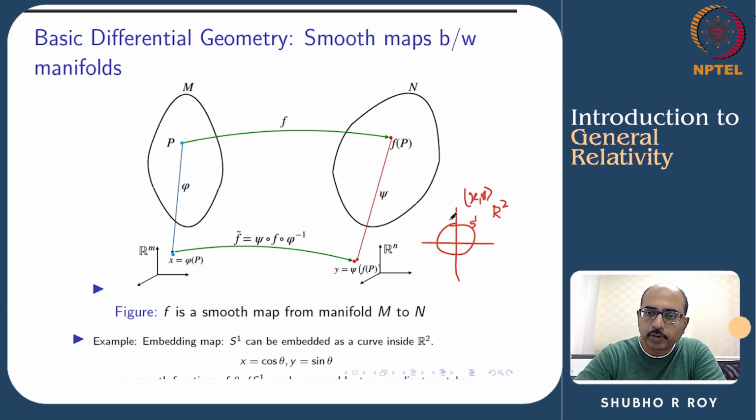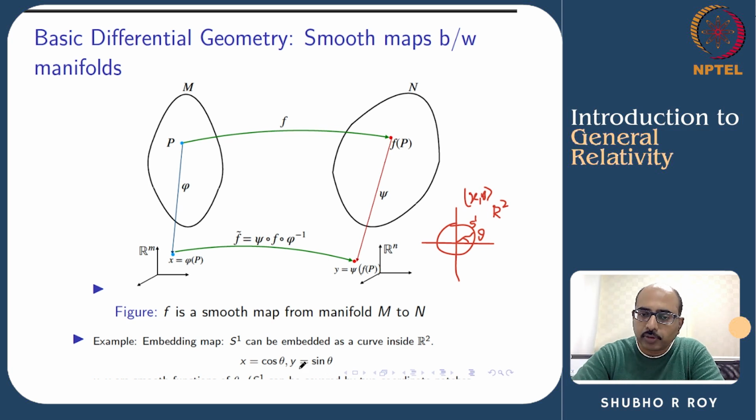But on the circle, it's a one-dimensional manifold. So let's say the coordinates on the circle are given by theta. And then this embedding map can be given as x equals cos theta and y equals sin theta. So this realizes the unit circle as a one-dimensional curve embedded inside R2.